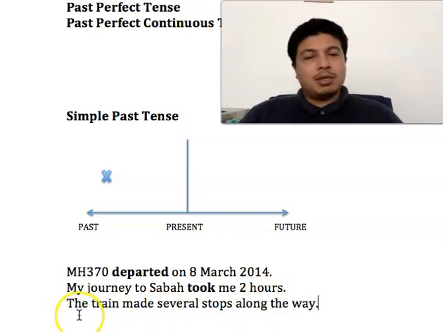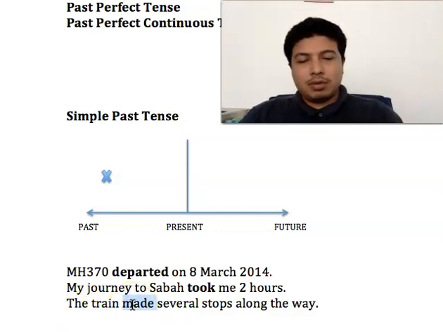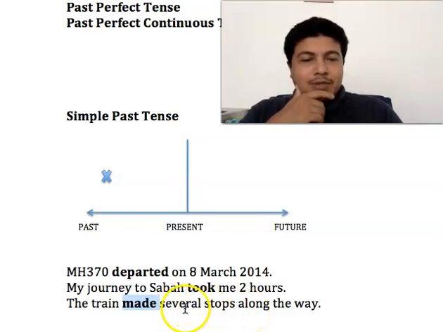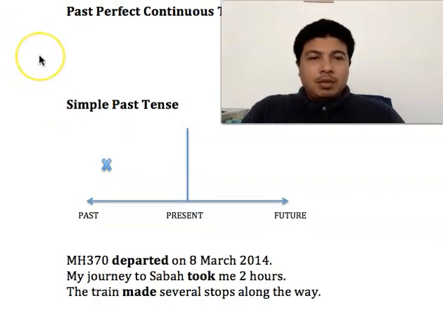So you say the train made several stops along the way. You are talking about the past. Although you have several stops, these are actions that happened in the past, no longer happening in the present. So it happened one time in the past, so we use simple past tense.